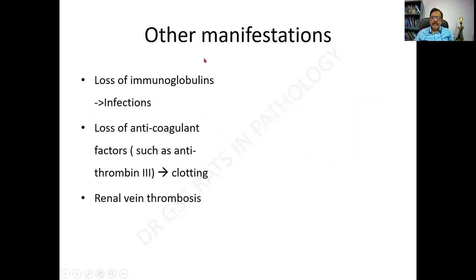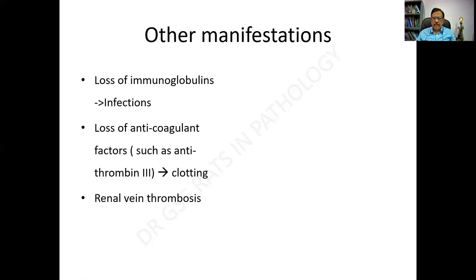What are the other manifestations of the nephrotic syndrome? There is an increased amount of permeability. Not only the proteins are lost, but even the immunoglobulins. And when there is a loss of immunoglobulins, it leads to infection. Again, there can be loss of anticoagulant factors such as antithrombin 3.